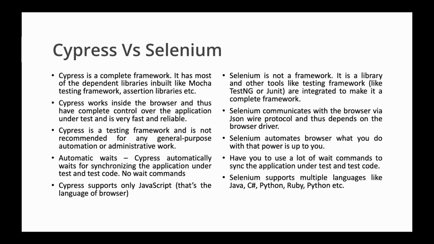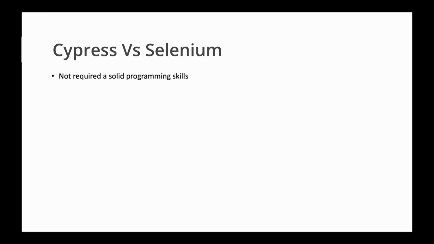They're not going to support any other language. And the good part is that you don't need any solid programming language to learn Cypress. It's very basic JavaScript that is required. And whatever is required, I'll be covering during this course. Whereas when you're working with Selenium, you need a very good knowledge of a programming language and object-oriented concepts.